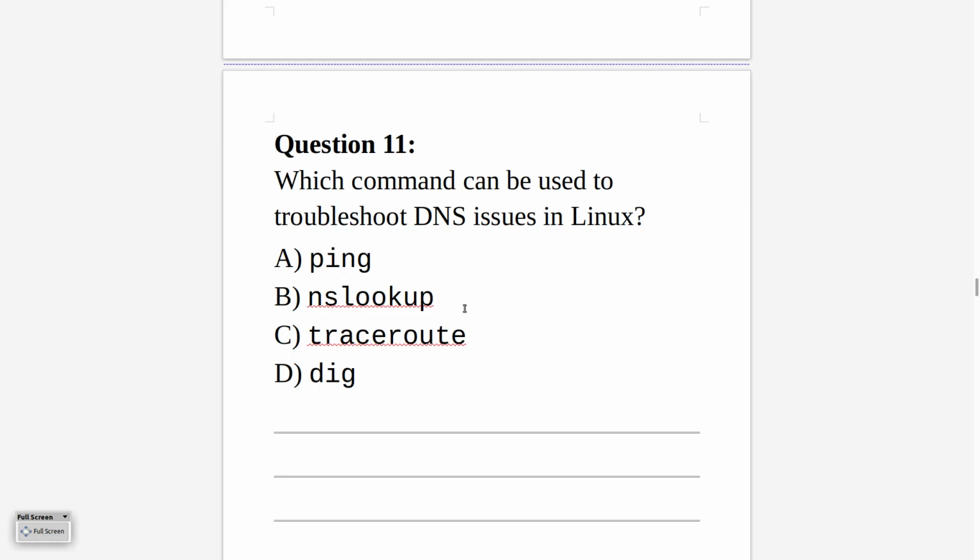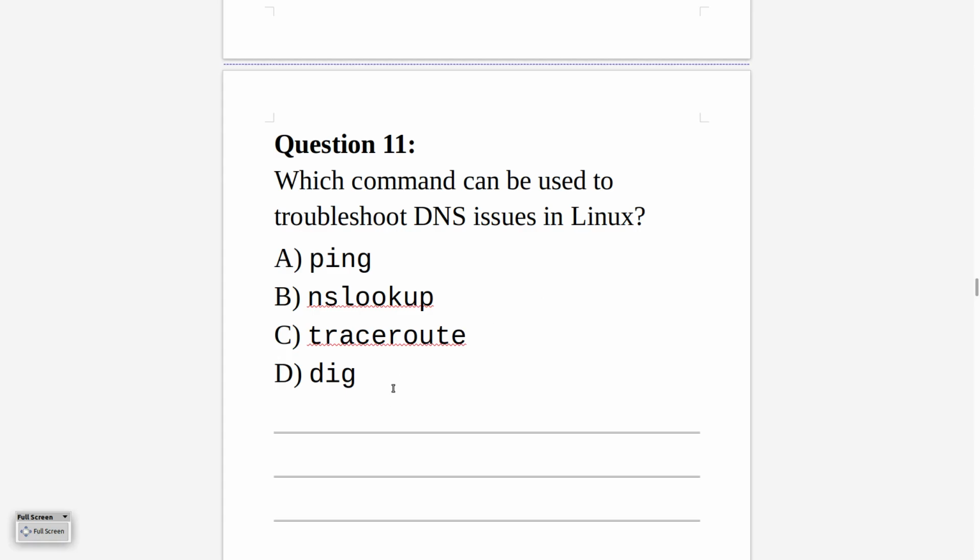Now, I just realized that nslookup, name server lookup, you could actually troubleshoot DNS with this. You would do, if I remember correctly, nslookup on a domain name and see if you can get back the IP, or it may support both ways.